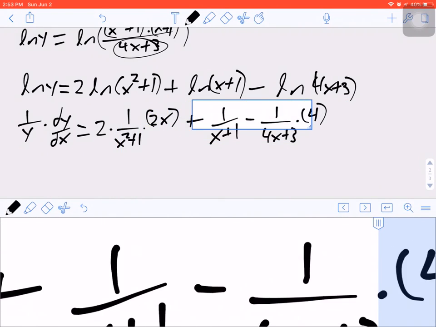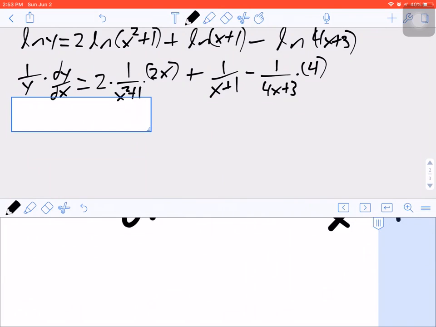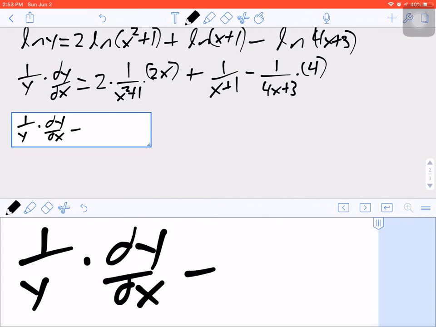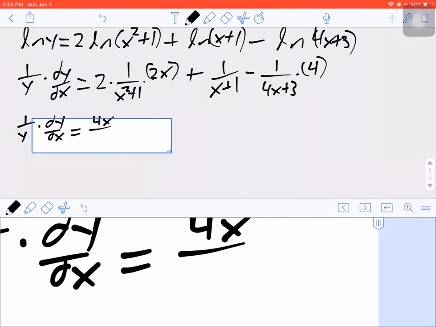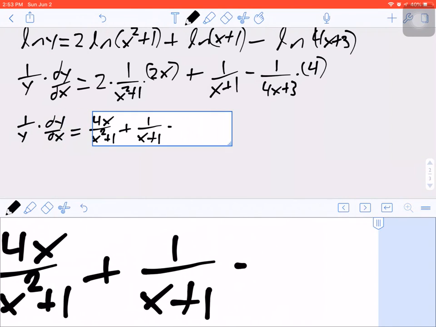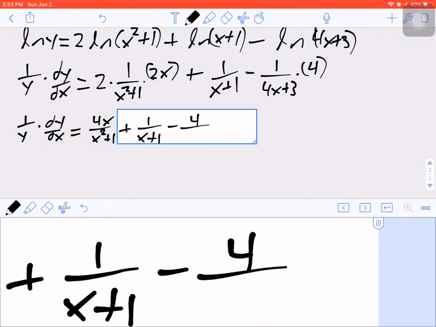Then we can simplify this bad boy out real quick. So we got 1 over y times dy dx equals, what is that, 4x over x squared plus 1 plus 1 over x plus 1 minus 4 over 4x plus 3.